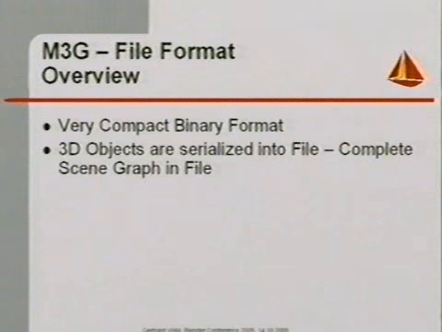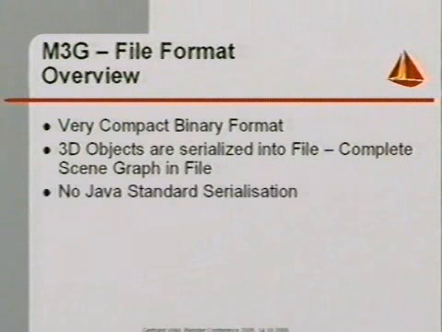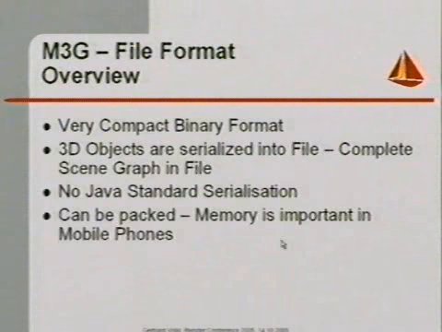It's not standard Java serialization, because that is a little bit too big, too wide and too slow. So they did their own, and I think it was a good decision. It can be packed in the jar file, and you can pack the M3G file too. There exists a packed format of this file format and an unpacked format.